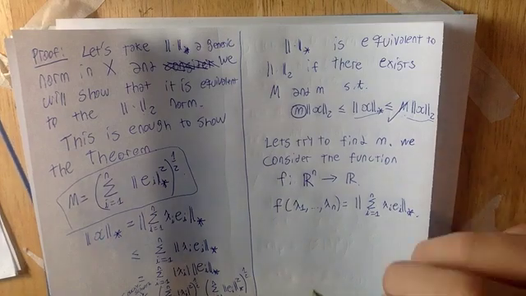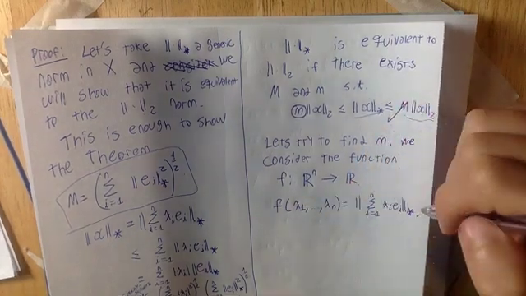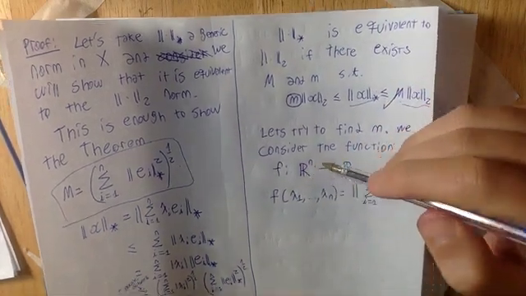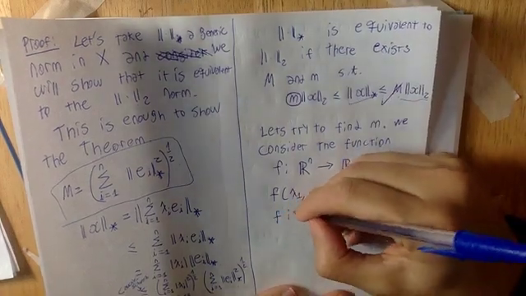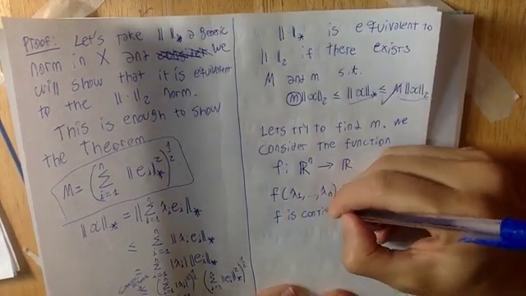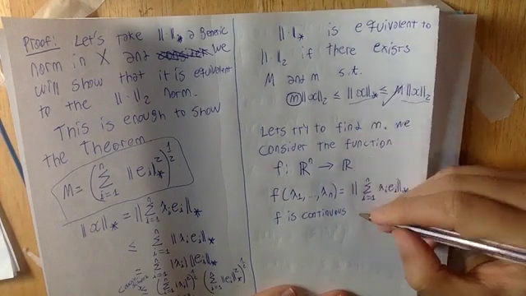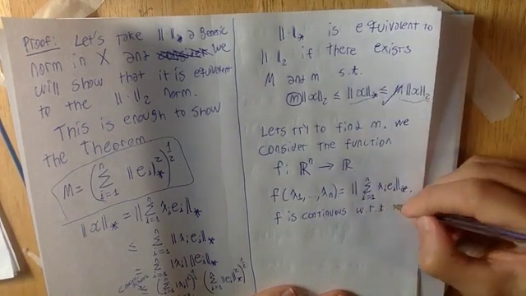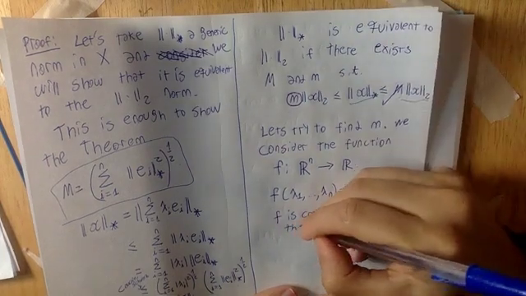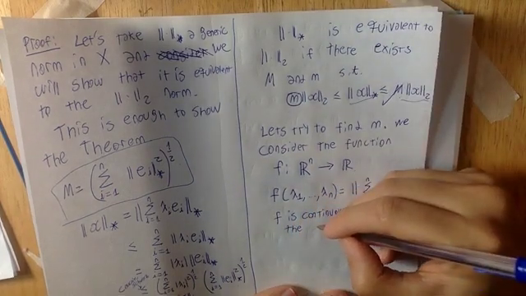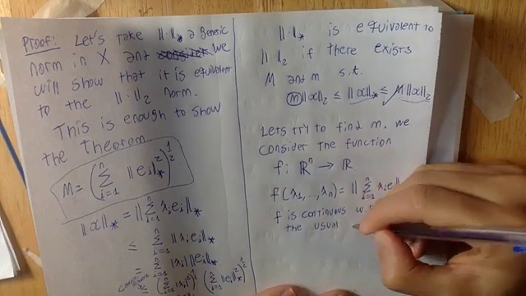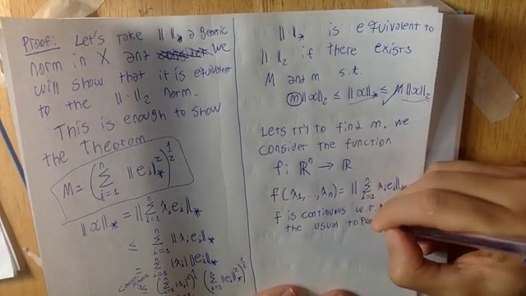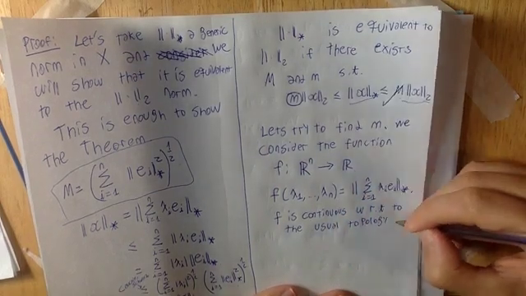Okay, so what are we going to show? We defined this function, but what do we want to use? We want to show f is continuous with respect to the usual topology in R^n.